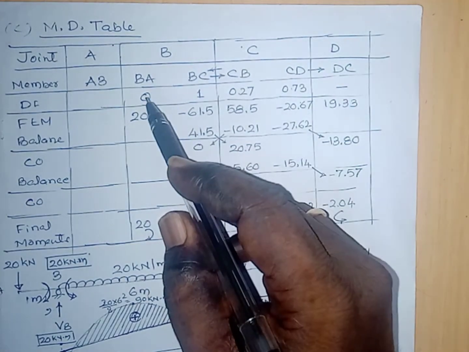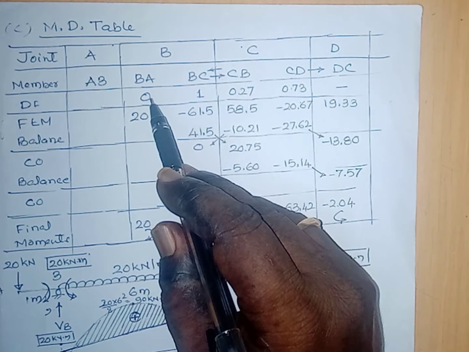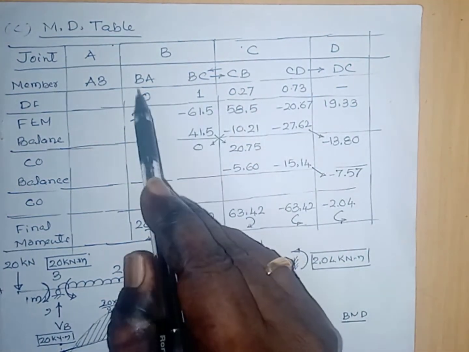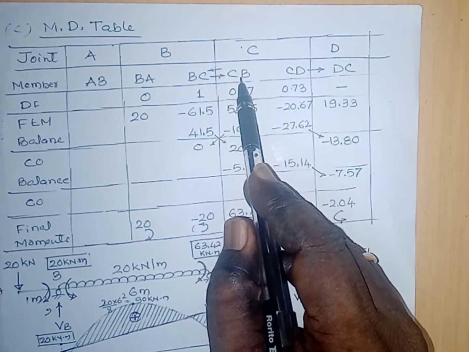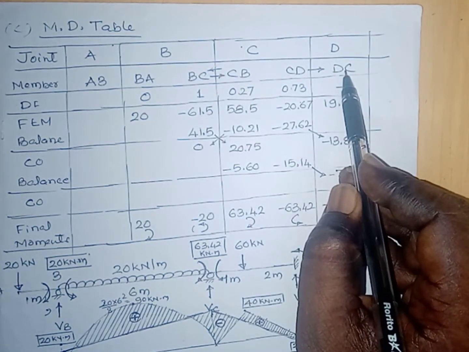Then at joint B, two members are connected, one is BA and another one is BC. At C, two members are connected, one is CB and one is CD. At D, there is only one member.